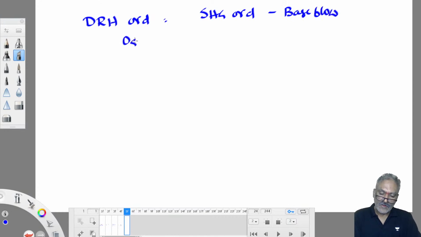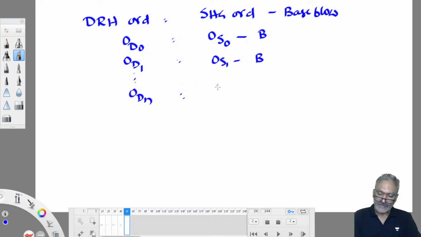So OD0, the ordinate of the direct runoff hydrograph at time T0, is equal to the ordinate of the storm hydrograph at time T0 minus base flow. OD1 is equal to OS1 minus base flow. Like that, we can derive n ordinates, up to OSN minus base flow.